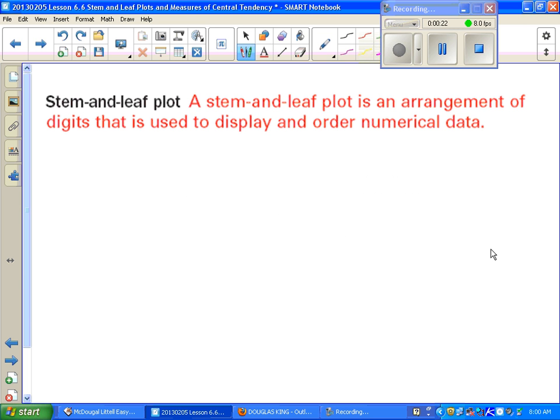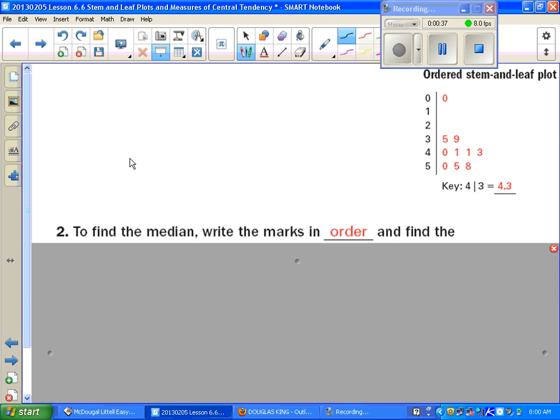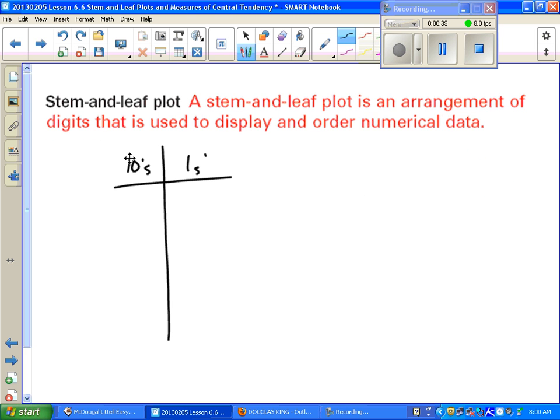First thing you have is a definition of a stem and leaf plot. Typically, when you see a stem and leaf plot, it'll have the tens and the ones place as its stem and its leaves. So if you do not have a key that goes along with it, you have to assume that it says tens and ones.